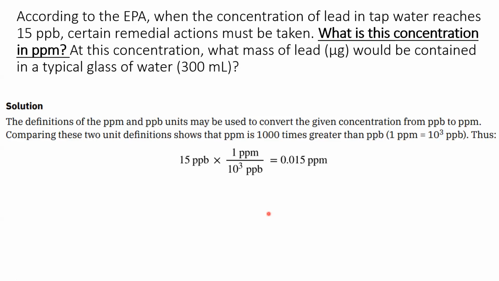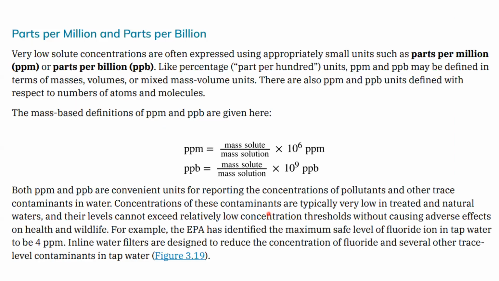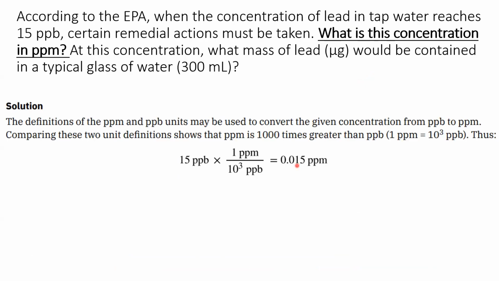But with the first one, if we're trying to figure out what the parts per million would be from that parts per billion concentration, thinking about those equations, they're exactly the same. It's just parts per million is 10 to the 6th, parts per billion is 10 to the 9th. So they're just going to be different by a factor of 3. And in this case, we're going from parts per billion to parts per million, so B to M. So we're going to have 10 to the 3rd fewer particles, essentially fewer things.